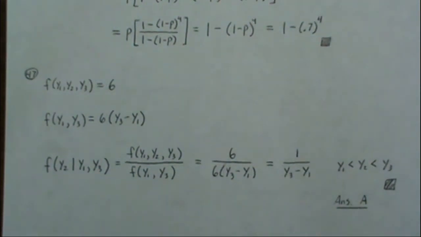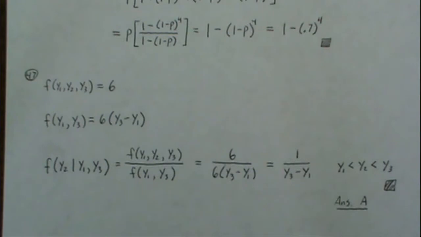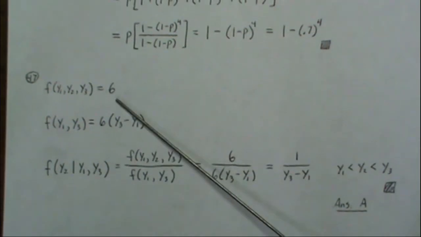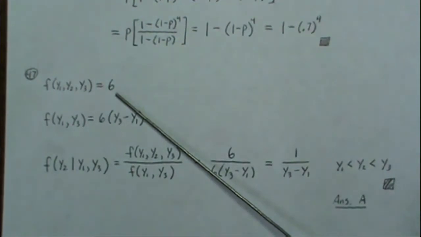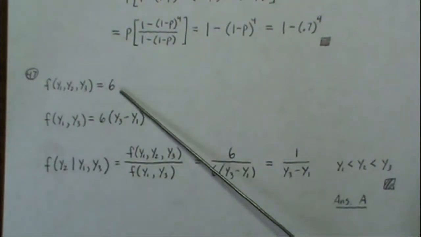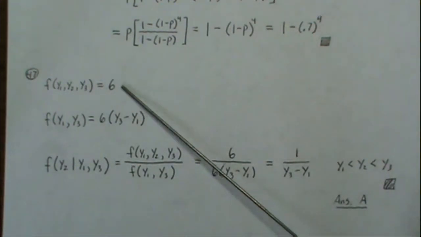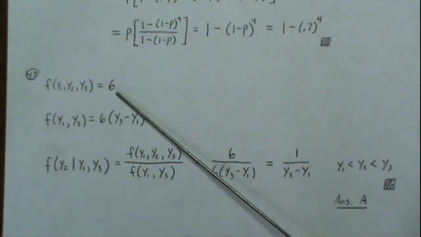Okay, so number 47, you can do this in a quick way. If you know the distribution of all the order statistics, well, under a uniform distribution, the answer is n factorial.